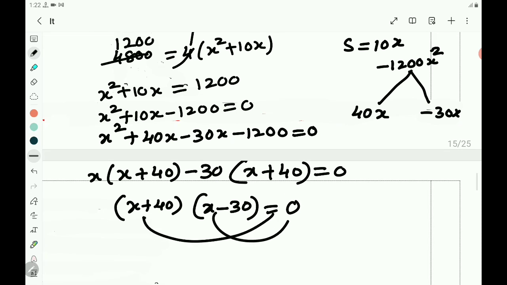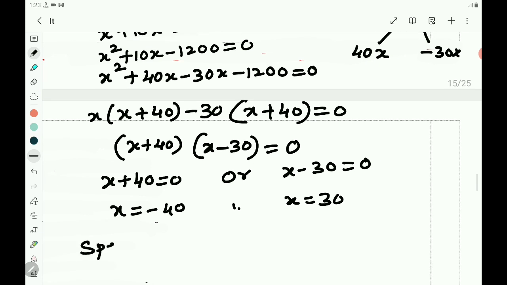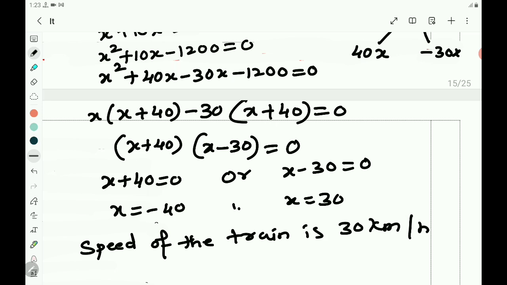Then equate each factor to 0: x plus 40 equals 0 or x minus 30 equals 0. So x equals minus 40 or x equals 30. So the speed of the train is 30 kilometer per hour.